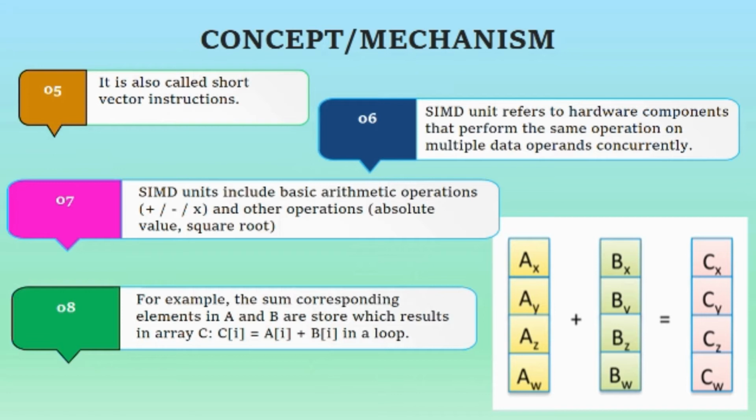SIMD units include basic arithmetic operations such as multiplication, addition, subtraction, and other operations such as absolute value or square root. For example, the corresponding elements in A and B are added and stored, which results in array C equals A plus B in a loop.